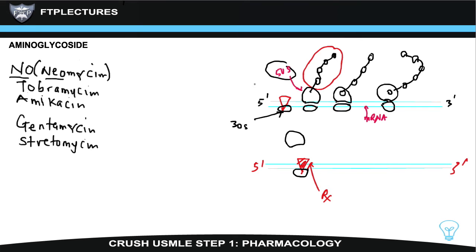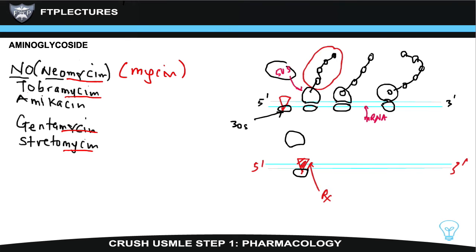But how do I actually recognize them when I see them on an exam? Oh, see, here's the trick. Look at the word. They always end with mycin, mycin, mycin, mycin. The only one that doesn't end with mycin is the amikacin. But other than that, all of them end with mycin. So if you ever see the word mycin, that should be telling you, oh, wait a minute, I think we are thinking about an aminoglycoside, okay?